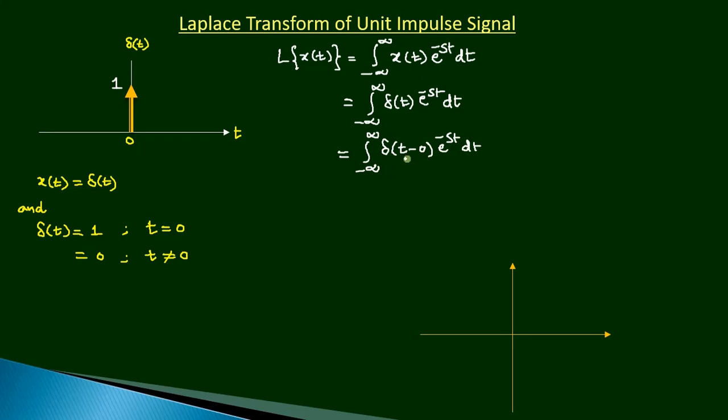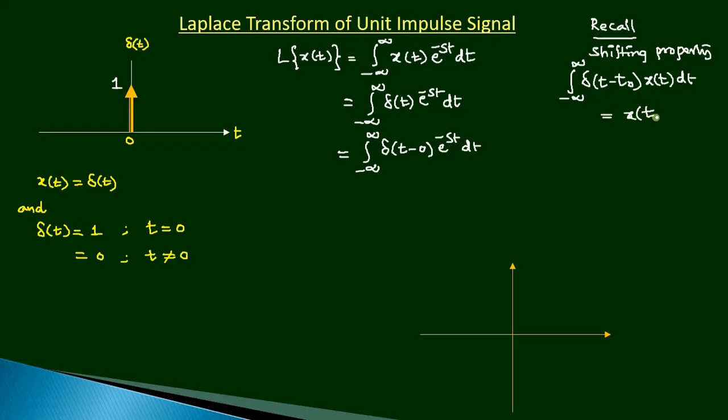Now this expression looks like the shifting of the impulse function. So we recall the important property of the impulse signal, the shifting property. The shifting property says that the integral from minus infinity to infinity of delta of t minus t naught into x of t dt equals x of t naught.